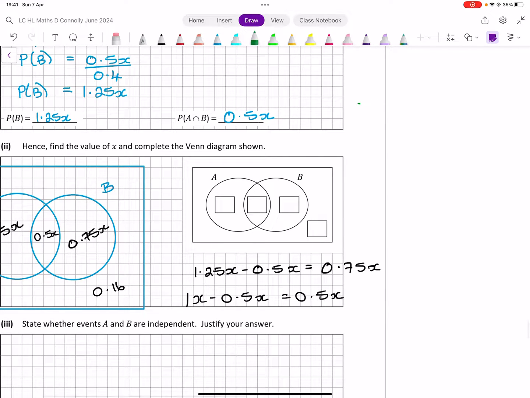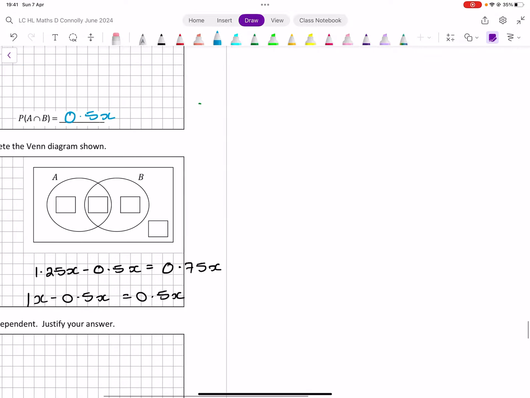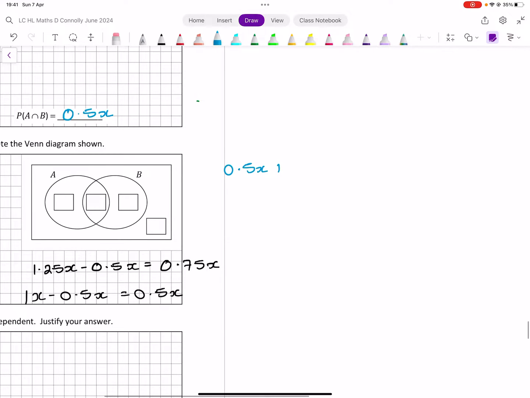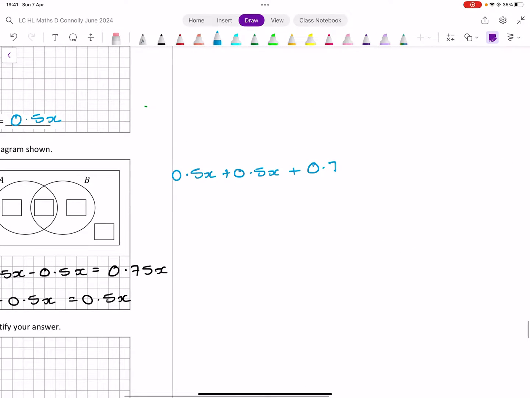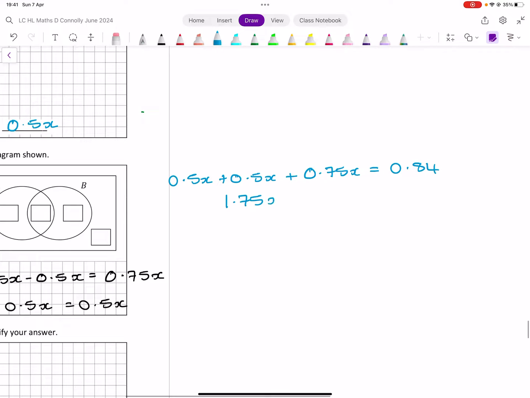And then to figure out what x is, if I add 0.5x plus 0.5x plus 0.75x, that's the union, so it should equal 0.84. 0.5 plus 0.5 plus 0.75 is 1.75x equals 0.84, and then divide by 1.75 on both sides. So x is, I'm getting 0.48 for x.